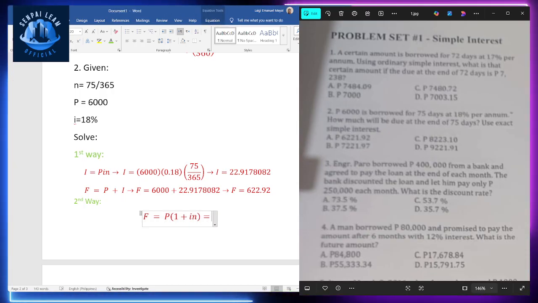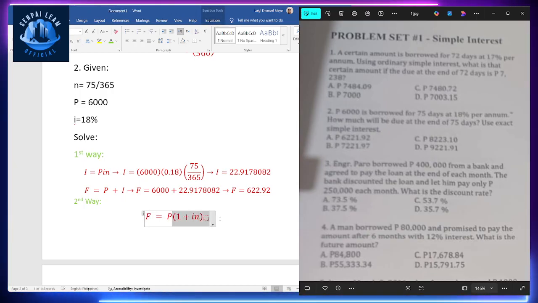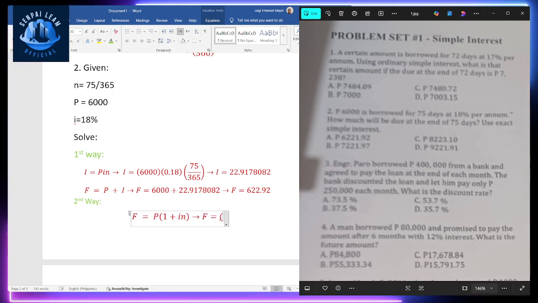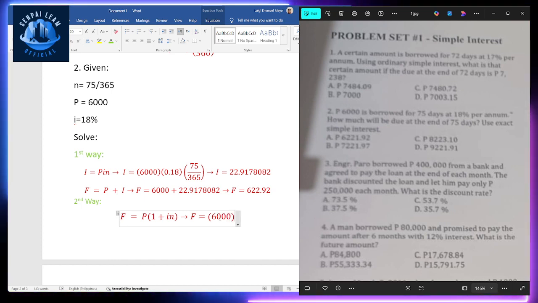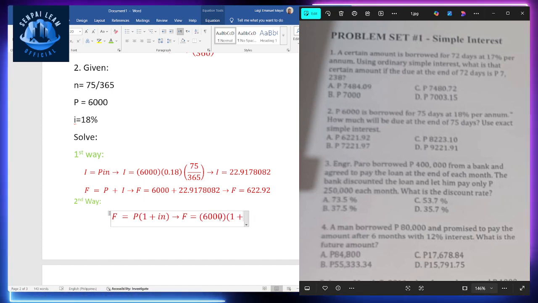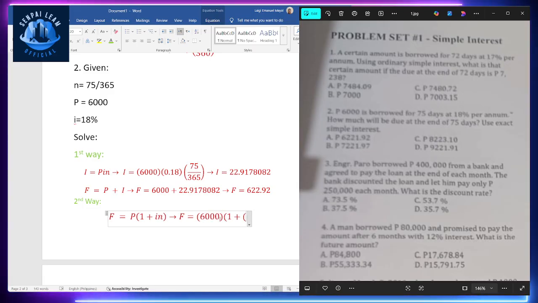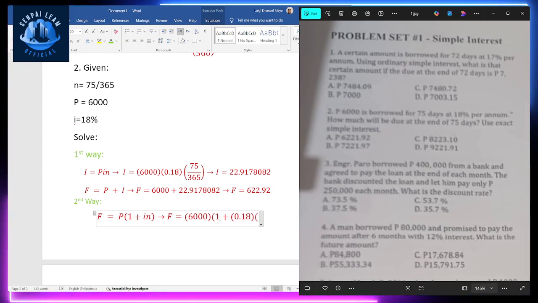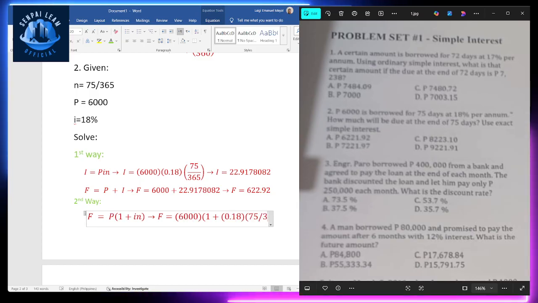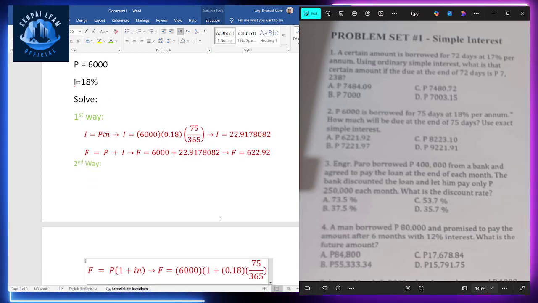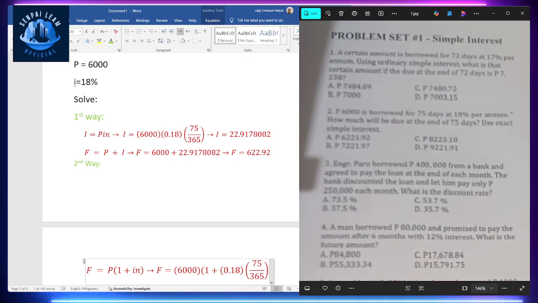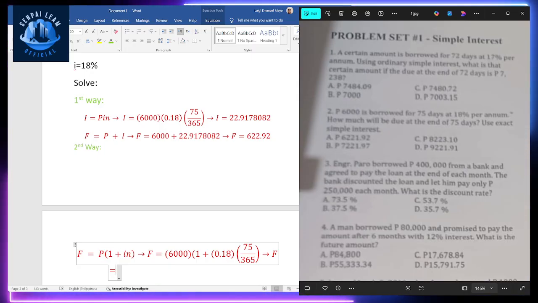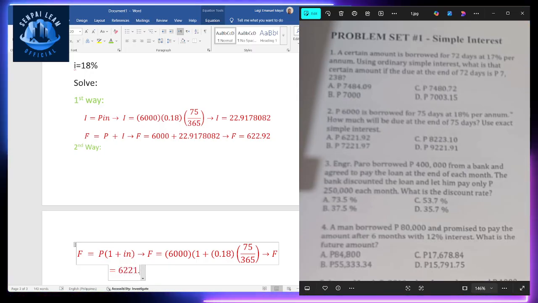We substitute the values: F equals 6,000 times 1 plus 0.18 times the days, which is 75 over 365, which gives the future value of 6,221.92.